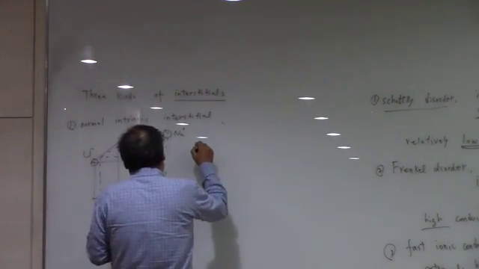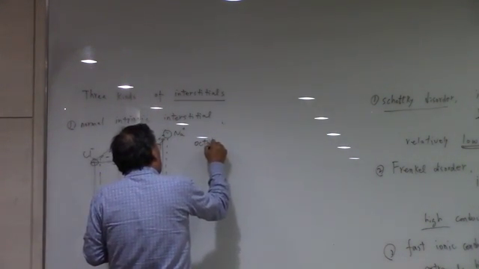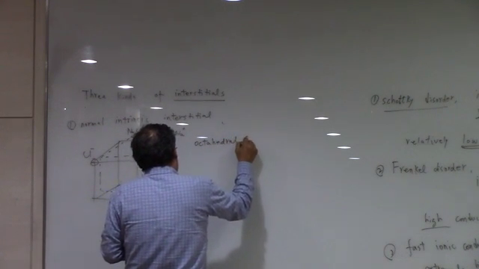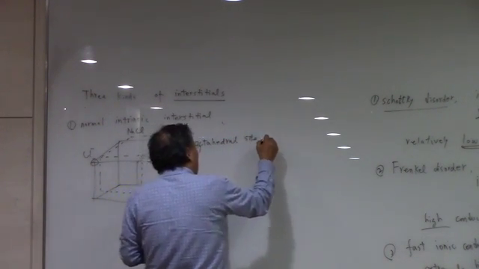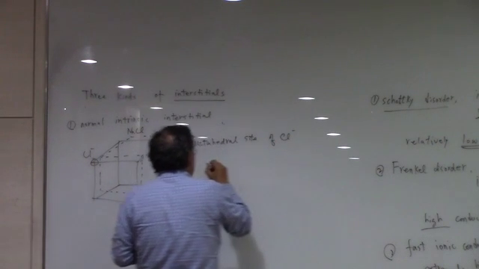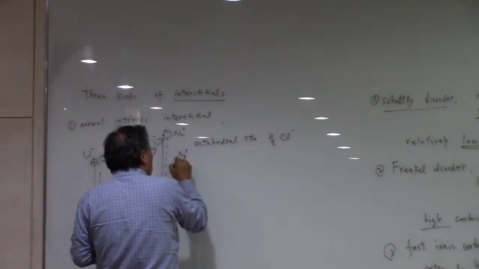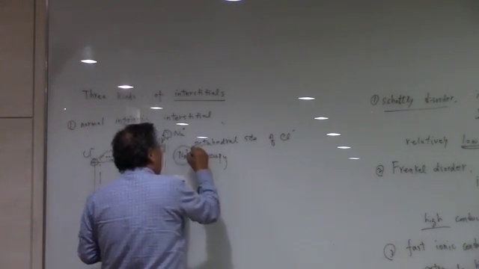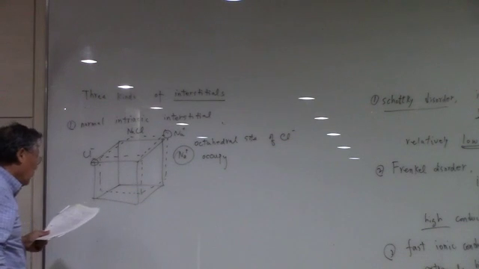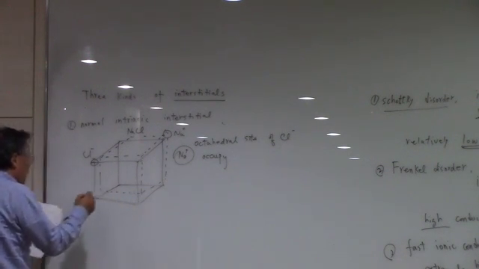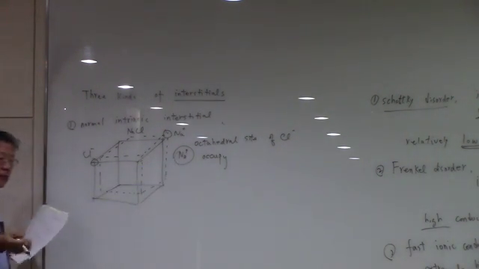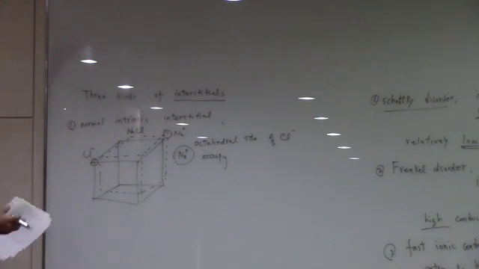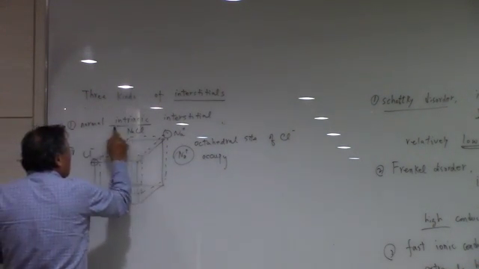So the sodium ions occupy the octahedral site of Cl minus. And in this case, the sodium is the fast ionic conducting species in this NaCl structure, and we call that intrinsic interstitials.